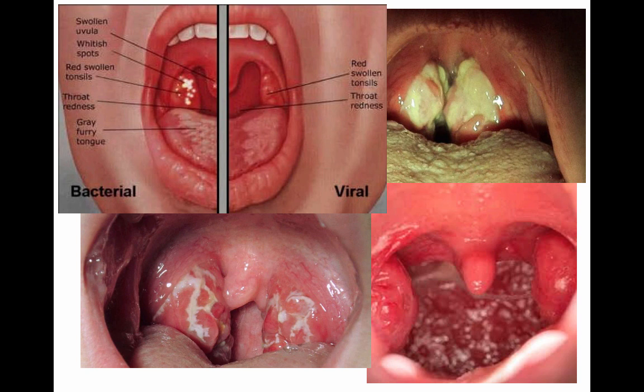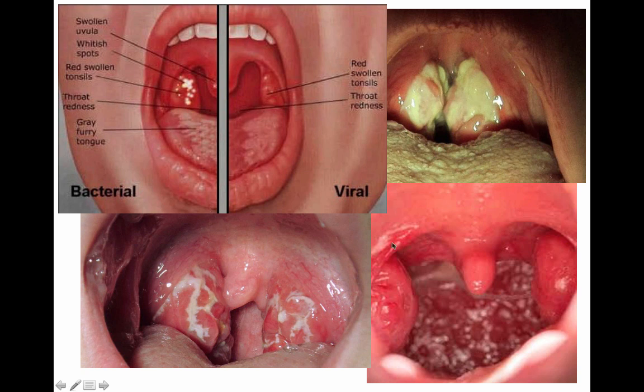Bacteria are dying, and you end up with these pus-containing spots that can start out smaller. They could be more like this, what you see down here, covering these tonsils and back of throat. It could be more spotty, like what you see here. It could be yellowish, like what you see here.